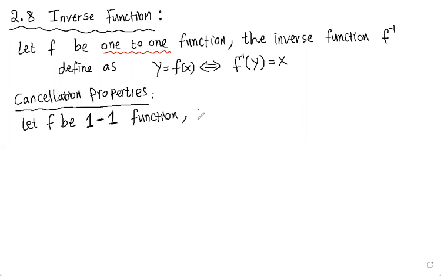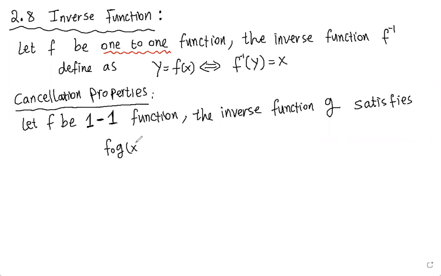The inverse function, suppose my inverse function is g, satisfies f circle g of x. This is equal to f of g of x equals x. This is the first property.